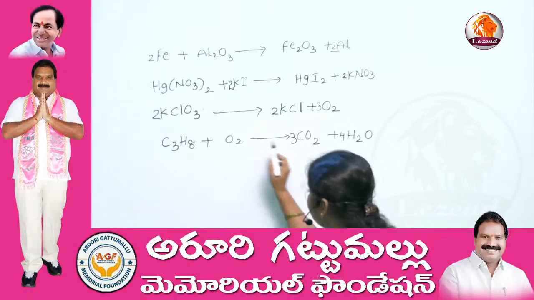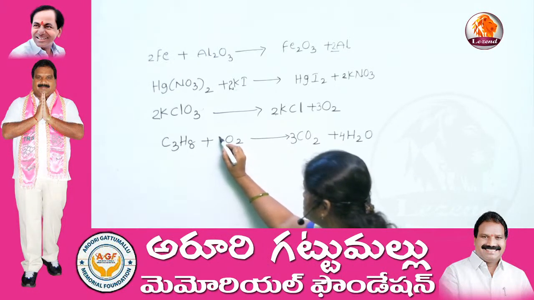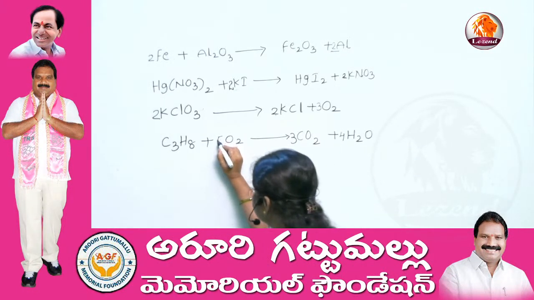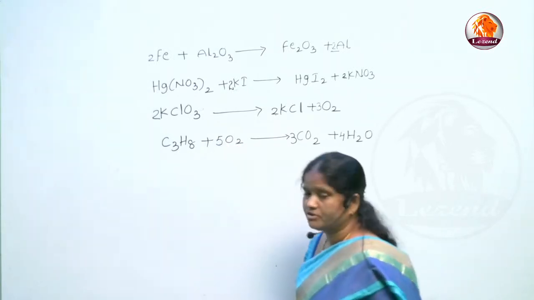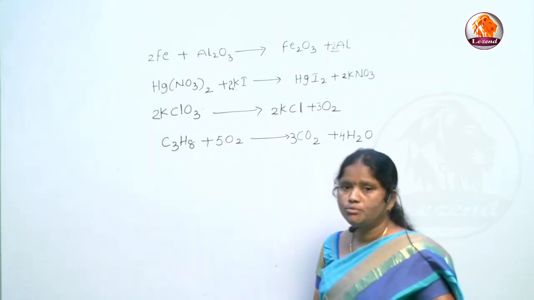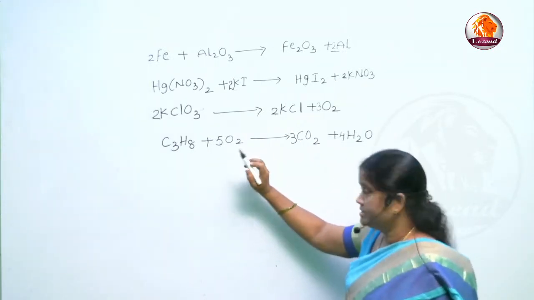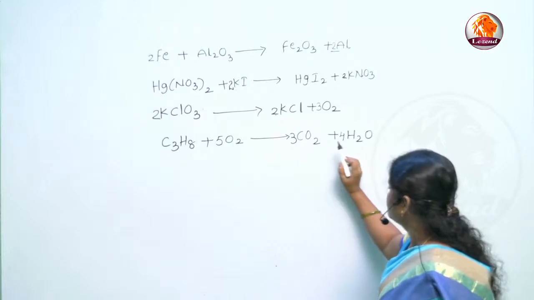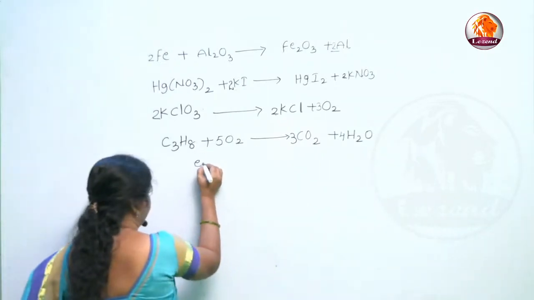To balance the oxygen atoms, on the left side we have O2, so what number am I writing? 5 before the O2 molecule. Now 5 2s are 10 oxygen atoms on the left side, and on the right side 3 2s are 6 plus 4, 10 oxygen atoms also.